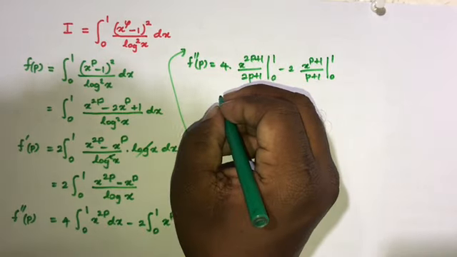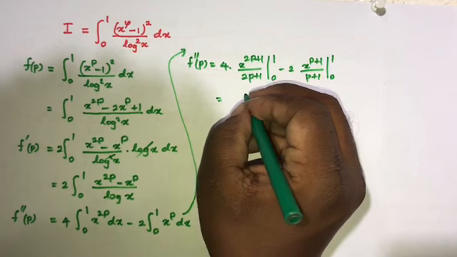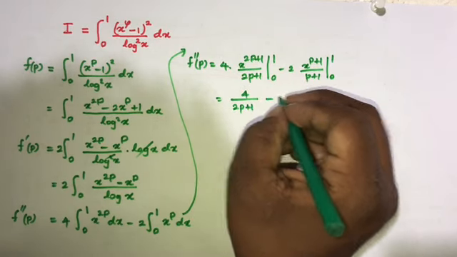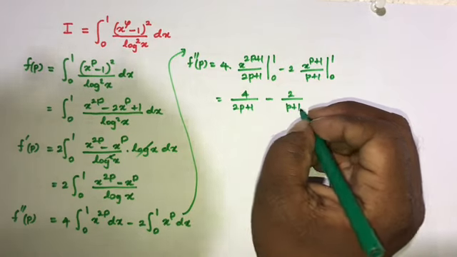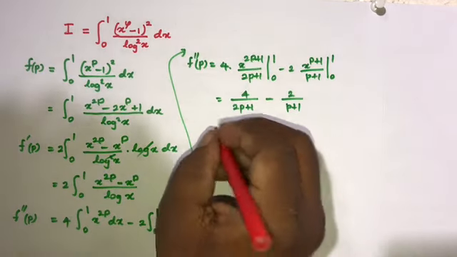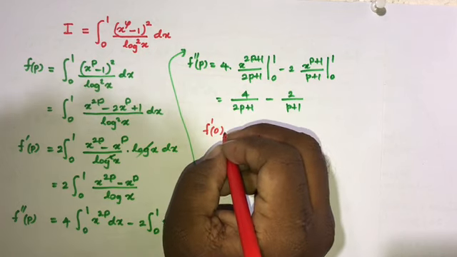Now if we plug in the upper limit and lower limit, we will have 4 over 2p+1 minus 2 over p+1.